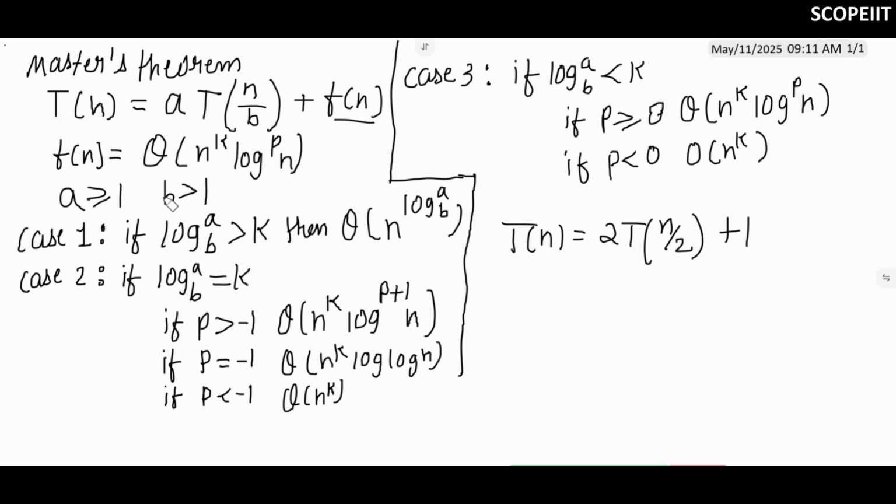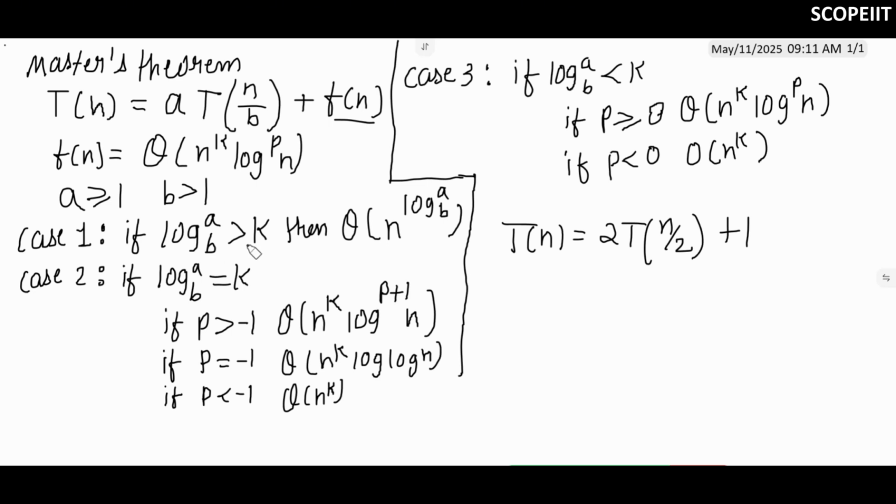Whenever they give any question, we first need to find the values of a and b. Once we get the values of a and b, there are three cases: case 1, case 2, and case 3. First of all, we compare log a to the base b with k.